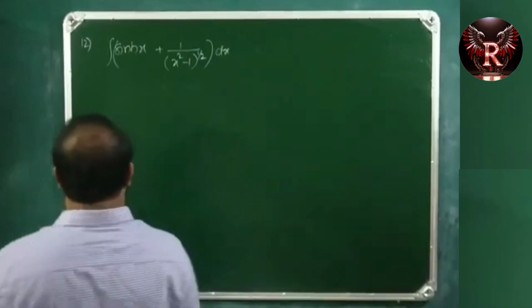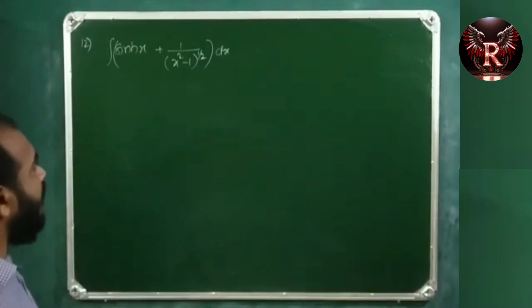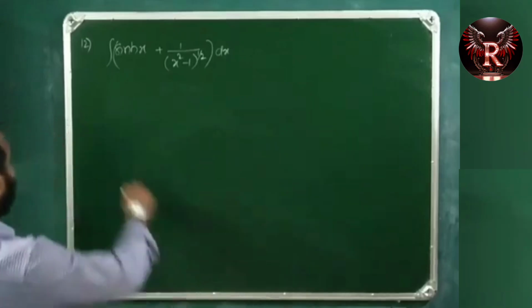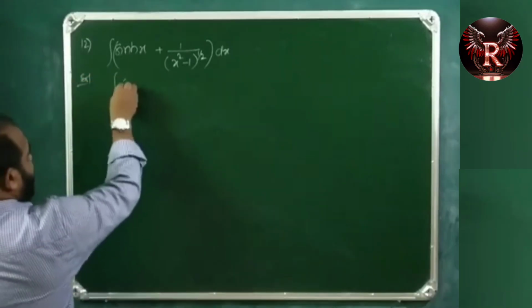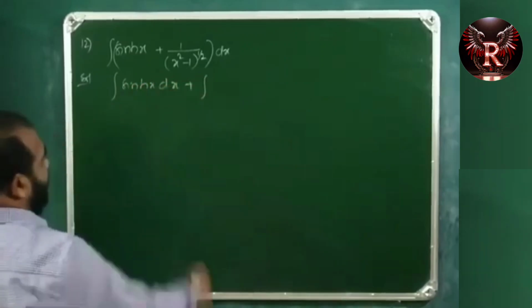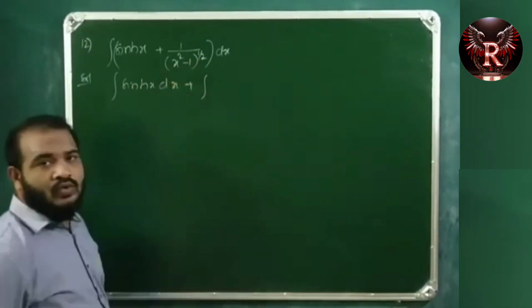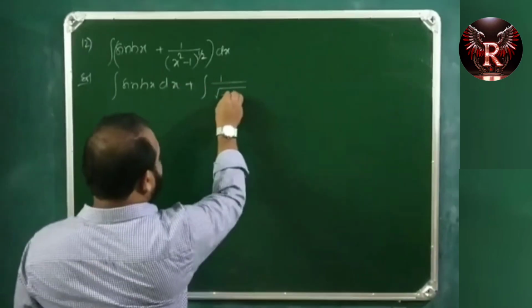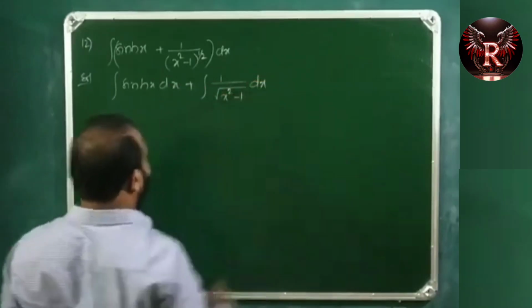The next question is the integral of sinh x plus 1 by (x square minus 1) power 1 by 2, dx. This is integral sinh x dx plus the integral of 1 by root of x square minus 1 dx.